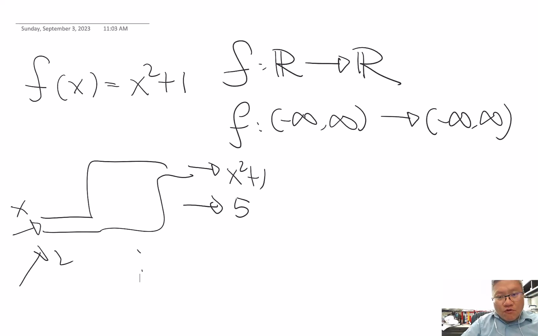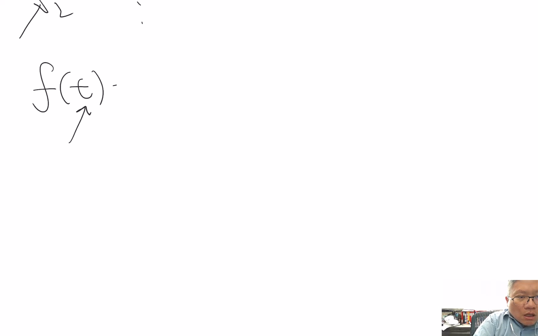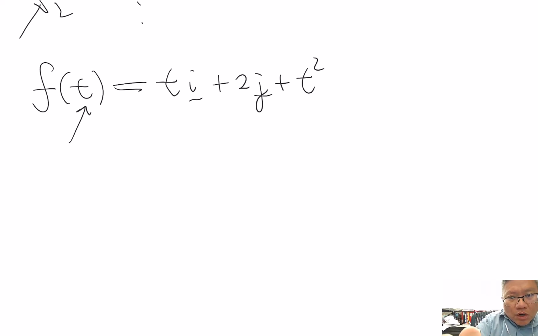Now, we're going to be looking at a lot of different types of new functions in 251. One of them is what we call a vector valued function. So the input is still a real number, but the output now is things like, say, t i plus 2 j plus t squared k.